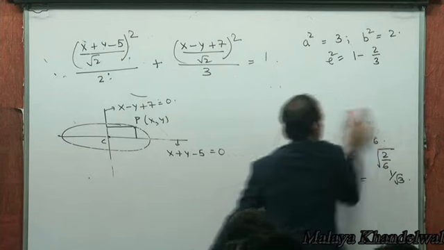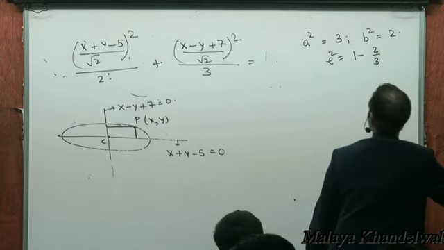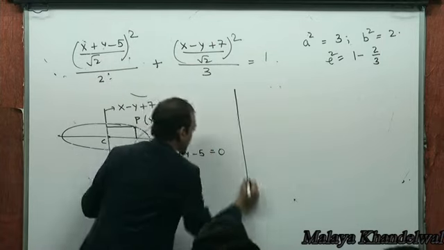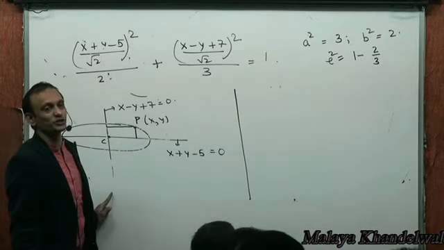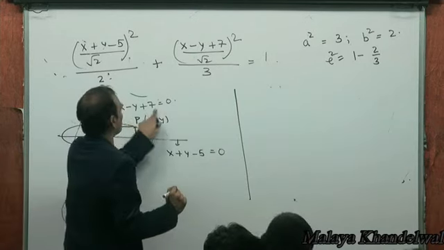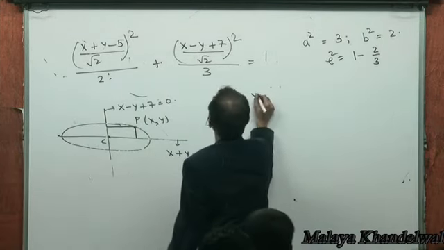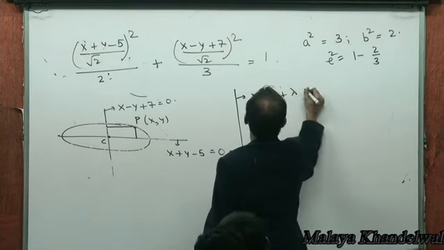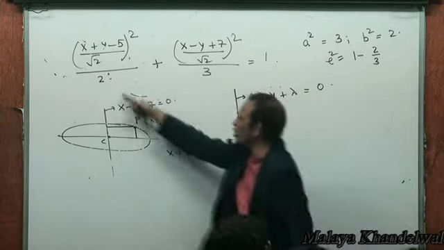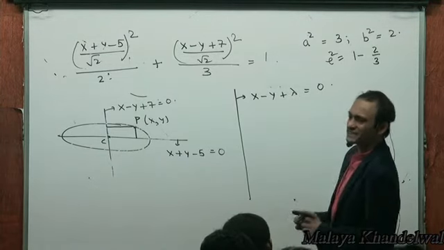Now, what I suggest, see, the directrix will always be aligned parallel to the minor axis, isn't it? So if this is the minor axis, the equation of the directrix would be x - y + λ = 0, because it will always be parallel to the minor axis, yes or no?